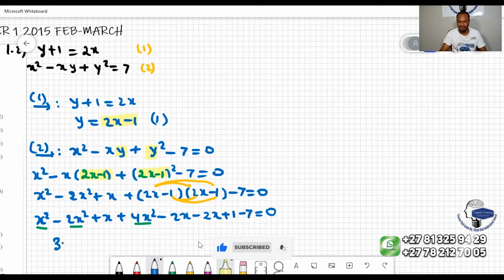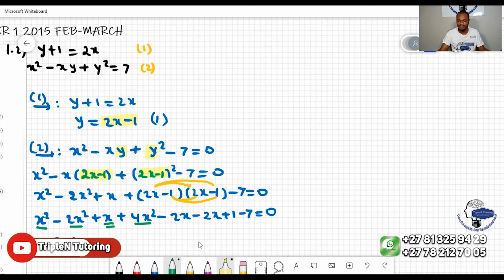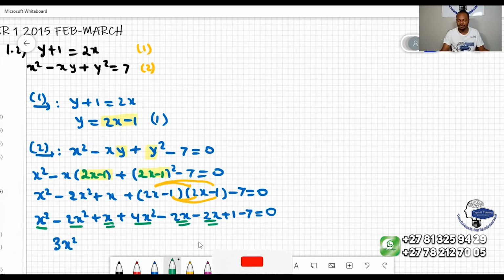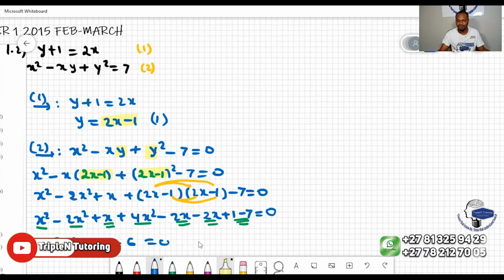Now I prefer to underline so that I may not forget what I am combining. For the x terms, we have a positive x, negative 2x and negative 2x. Together they make negative 3x. Then we can work out the constants together, which makes negative 6 equal to 0.